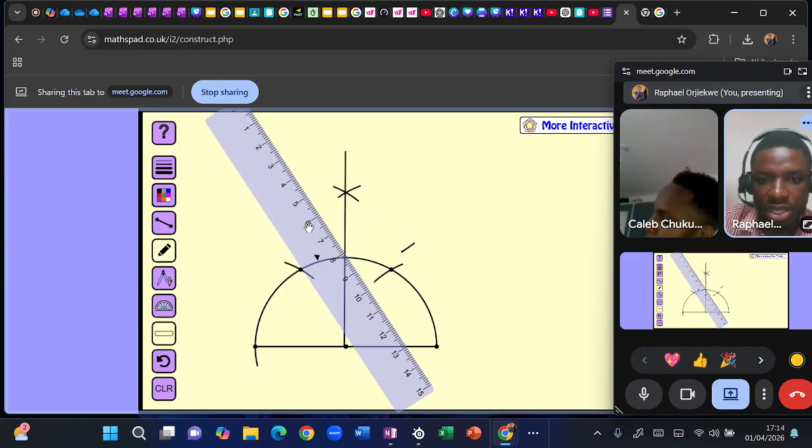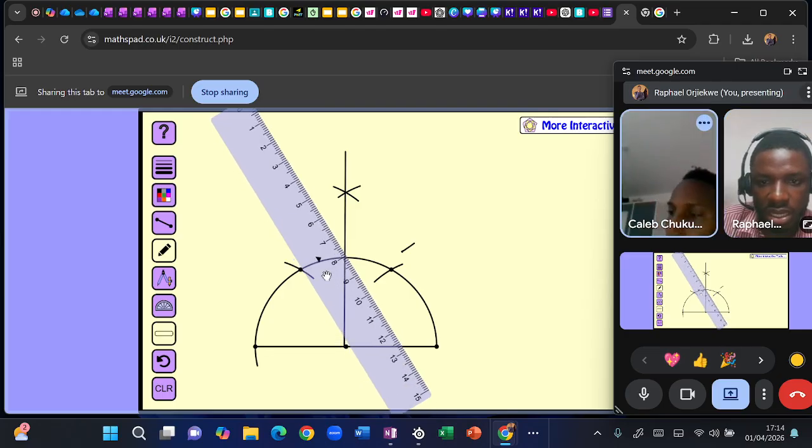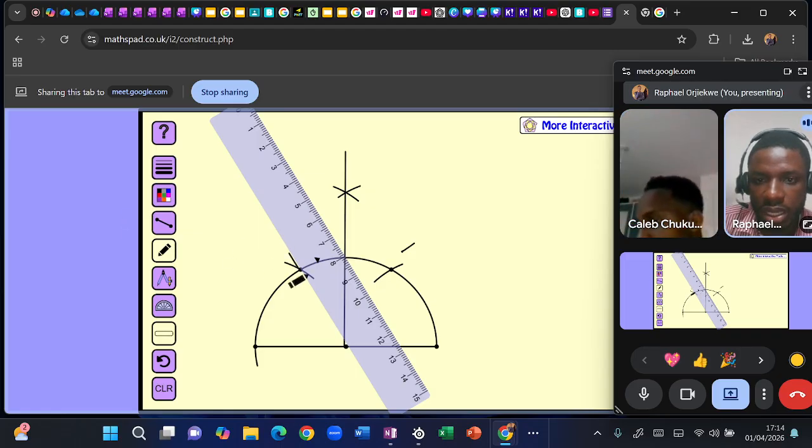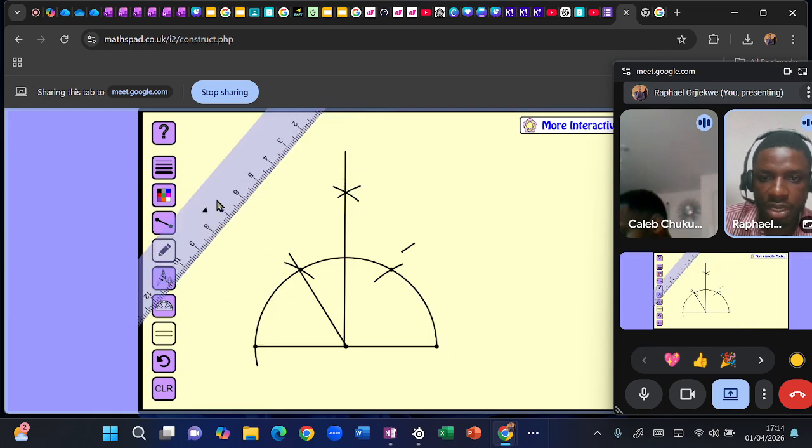It's kind of a bit slow because I'm trying to connect these lines. Okay, the next thing is to draw a line. And after that, I will also do the same for this.